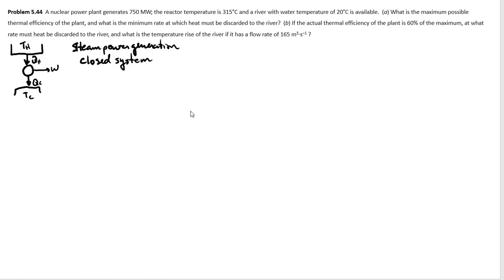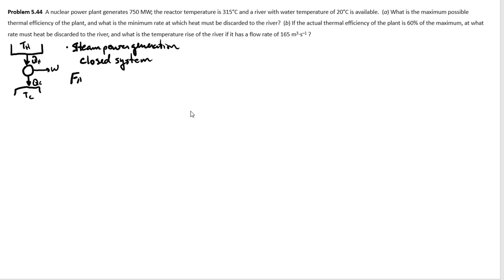It's not something that the book emphasizes, but I wanted to do this problem so that you realize this. We'll be covering this power generation cycle in a little more detail in chapters 7, 8, and 9. But this is a closed system, and let's write down what we want to find.